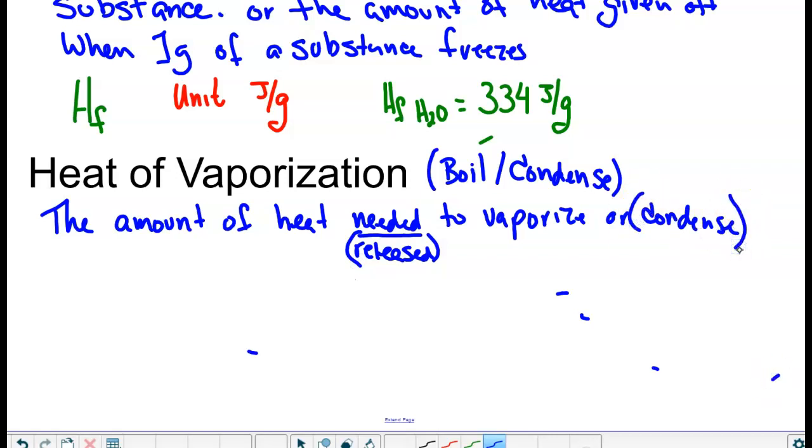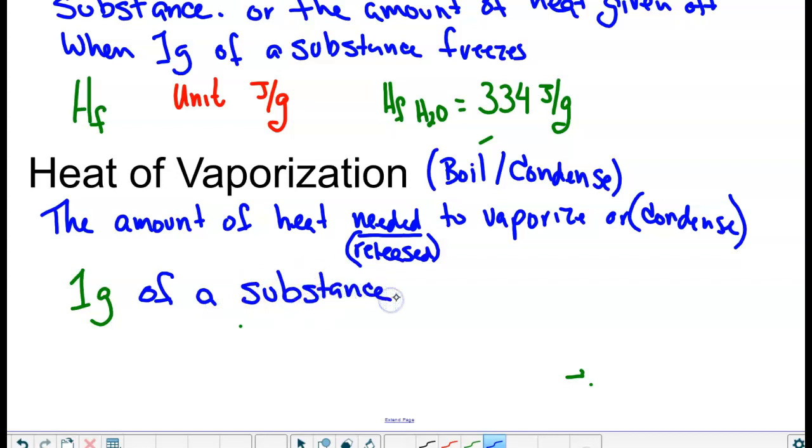So if the energy is being absorbed, it's vaporizing. If the energy is being released, it is condensing. One gram of a substance at standard pressure.